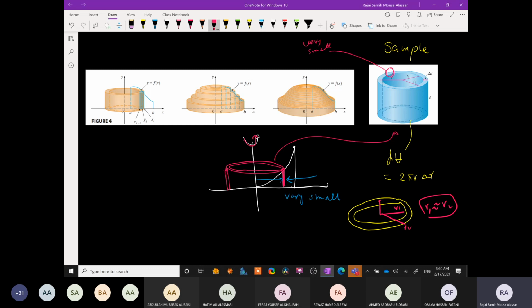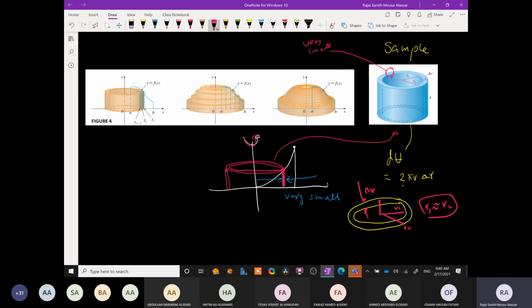This is r1, and from the university to Khobar downtown plus 1 centimeter is r2. The first r is going to be like 5 kilometers, the second one is 5 kilometers plus 1 centimeter. So there's no difference. When we talk about this dr, you're talking about that 1 centimeter compared to 5 kilometers, so the ratio is extremely small. So this is your delta r.